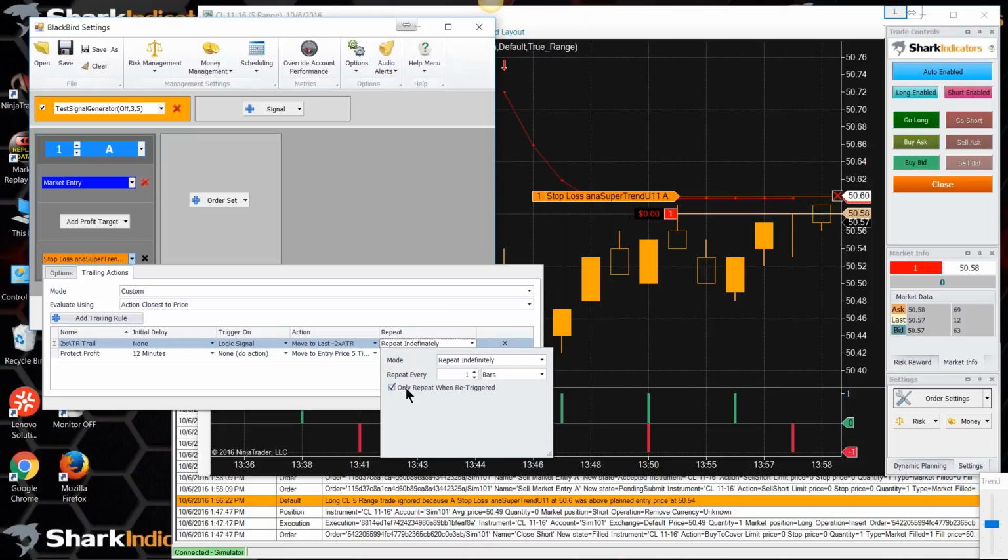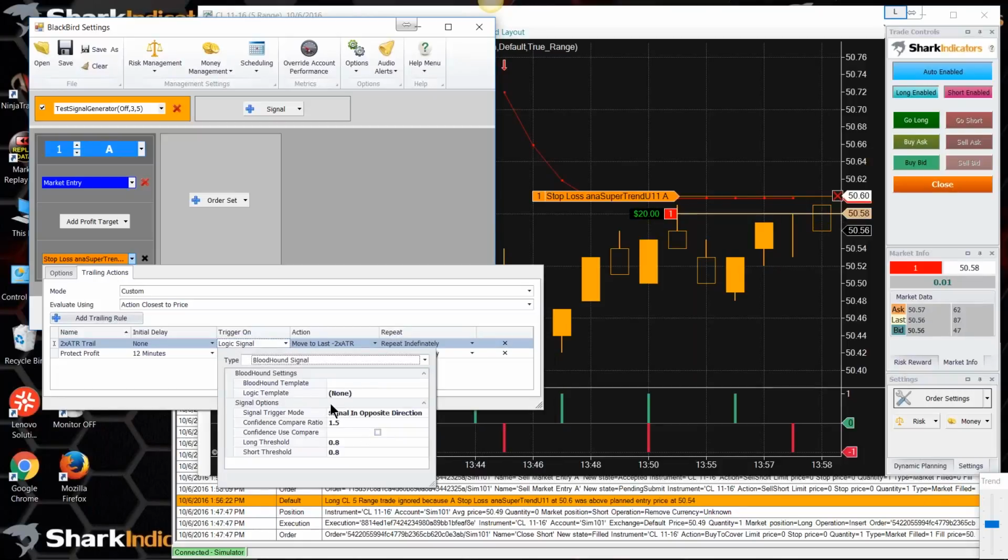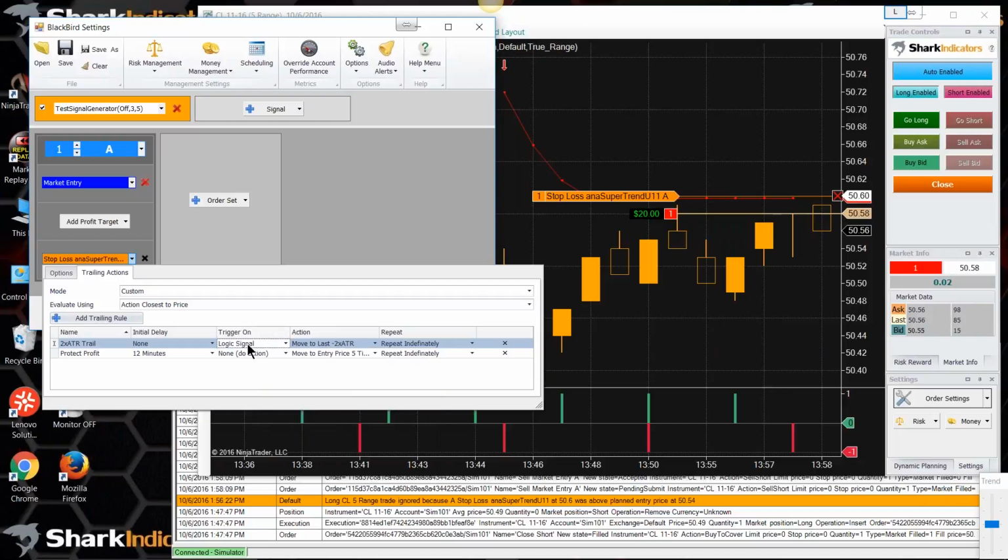So it can repeat indefinitely, but only when you get a bloodhound signal, because we have this only repeat when retriggered. So you have to get a bloodhound signal to re-trigger the trigger on, and then the action can occur.